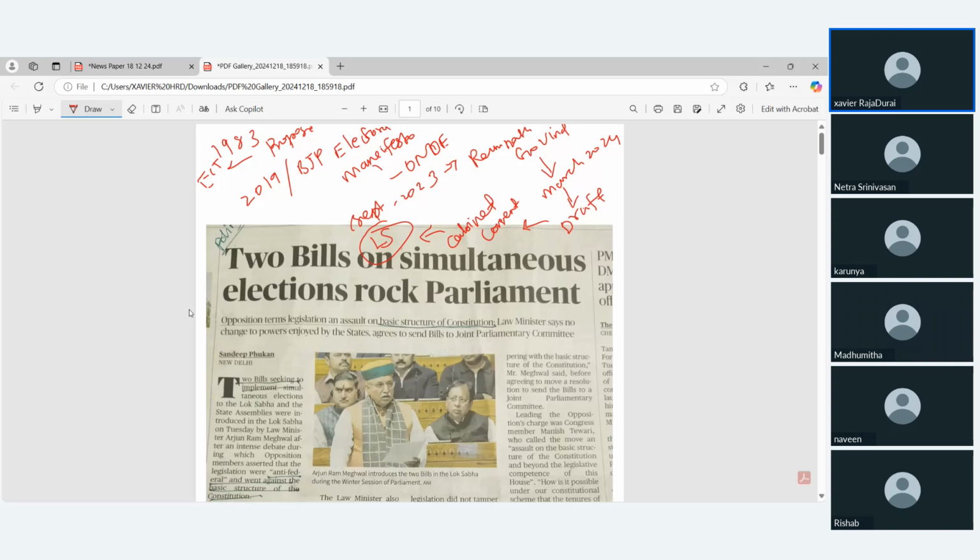Okay, good point. That is a negative impact. Another one? Sir, I feel one more negative point is that people might not be able to effectively decide whom to elect if both the MLA and MP elections, the state and central government elections, take place at the same time. Say 5 political parties contesting for the state government and 5 for the central government all campaign at the same time.